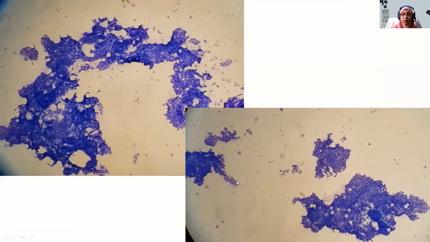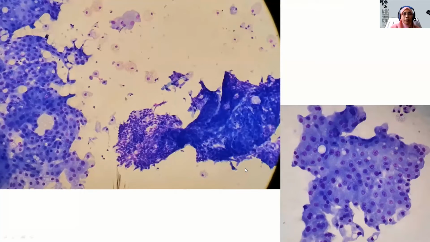It looks like finger-like projections, with a 3D cellular arrangement at the end of the finger projection. This is on higher magnification, from the previous one.